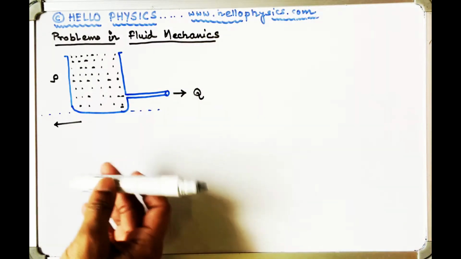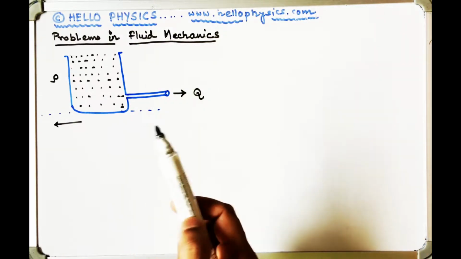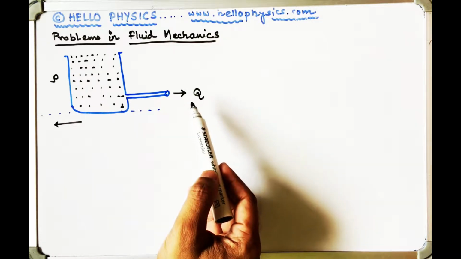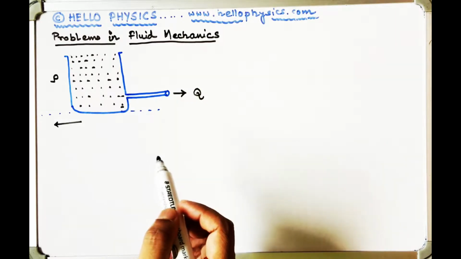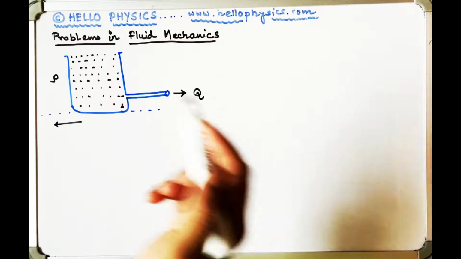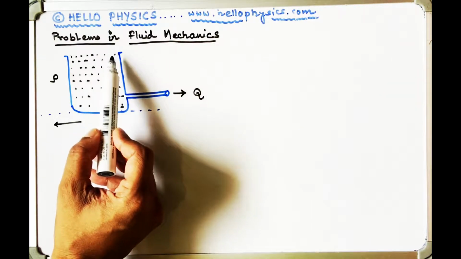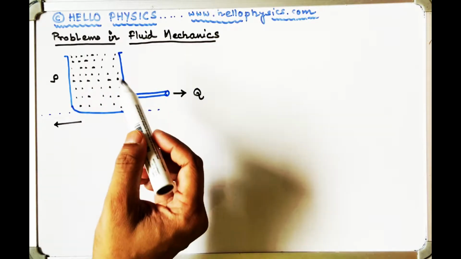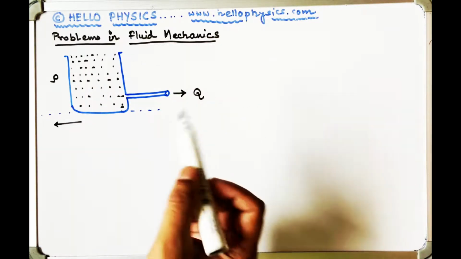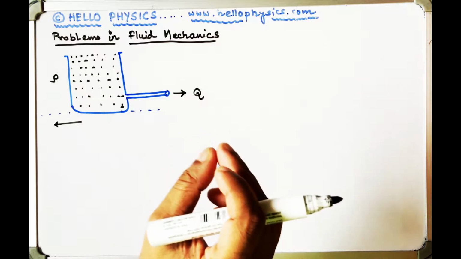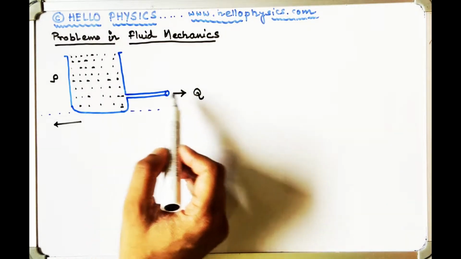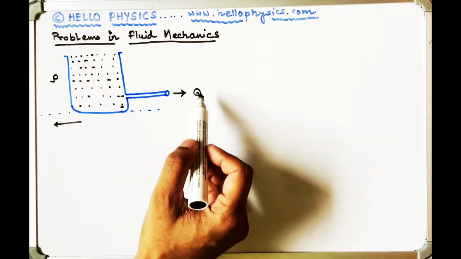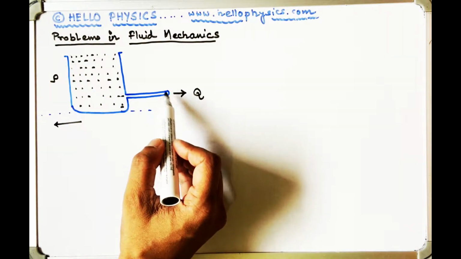The pipe is in this direction and the fluid is hence flowing out in this direction, and the rate of flow, that is the volume flow rate, is equal to Q. You could have been given the height of the liquid and found the volume flow rate from that, but things have been made a little simpler, saying that the fluid is coming out with a volume flow rate of Q through this pipe.